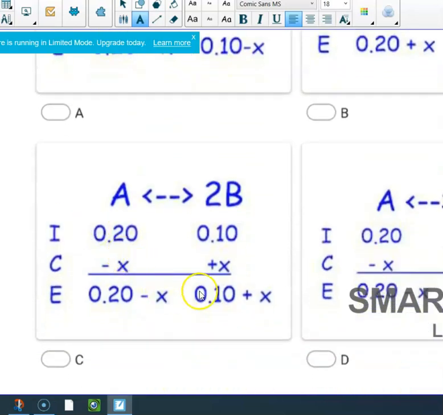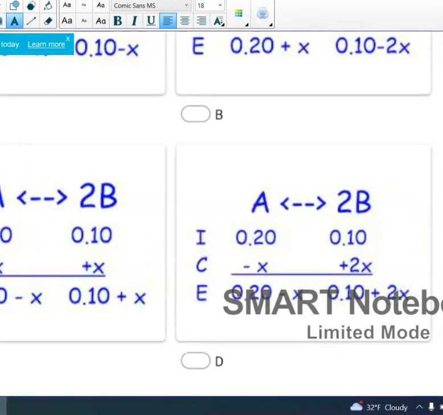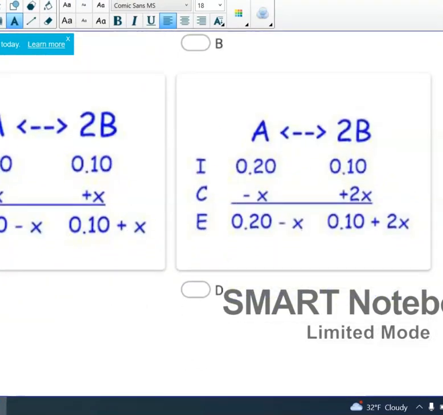So here we have, at least the signs are right, but again, we messed up this. So it is going to be over here. I'll try to make it so you can see it better. There we go. So letter D is actually the right answer. Okay, so hopefully that helped.